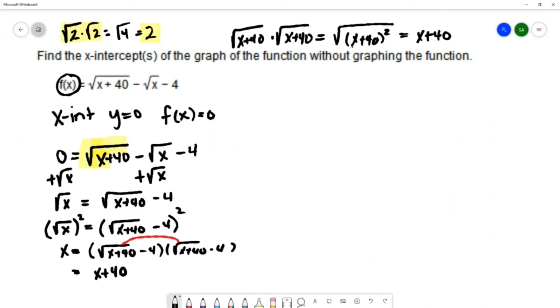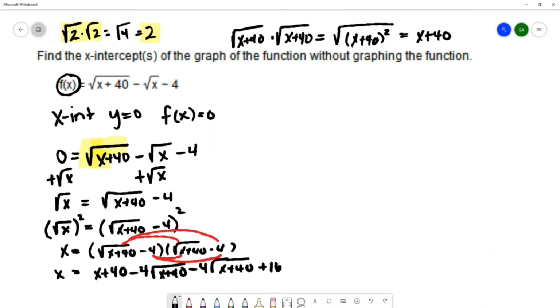If I continue on, I'll multiply the outside two. One of them has a radical and one doesn't, so I can't mix those, so I'll write it as minus 4 square root of x plus 40. Then I multiply the inside two, and that's a minus 4 square root of x plus 40. Then I multiply the last two together, and that's a plus 16.